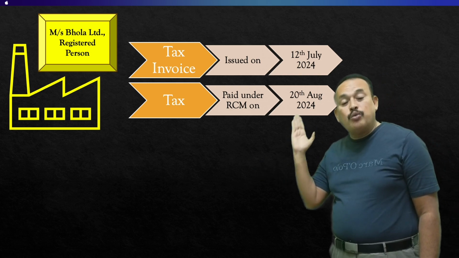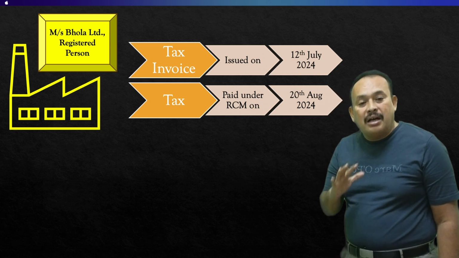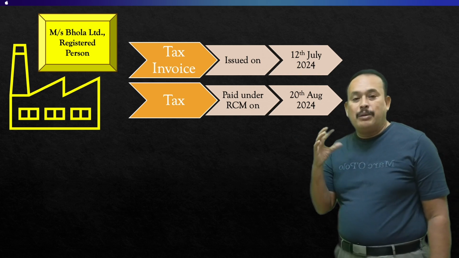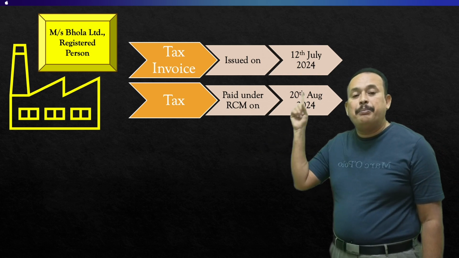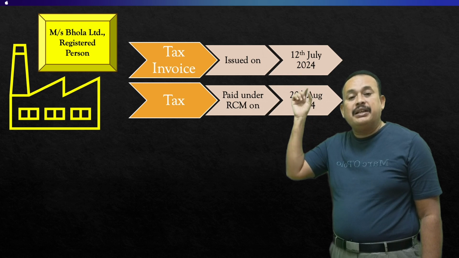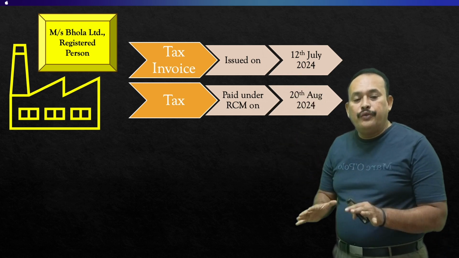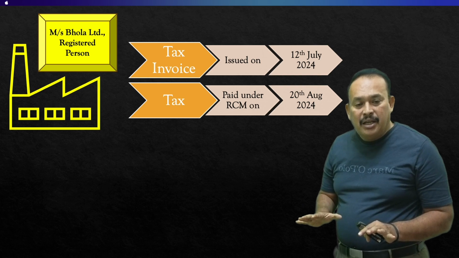This tax amount that they paid, are they eligible to claim ITC? Law says yes, eligible to claim ITC. In which financial year did they issue the invoice? The 24-25 financial year, so the relevant financial year is 24-25.